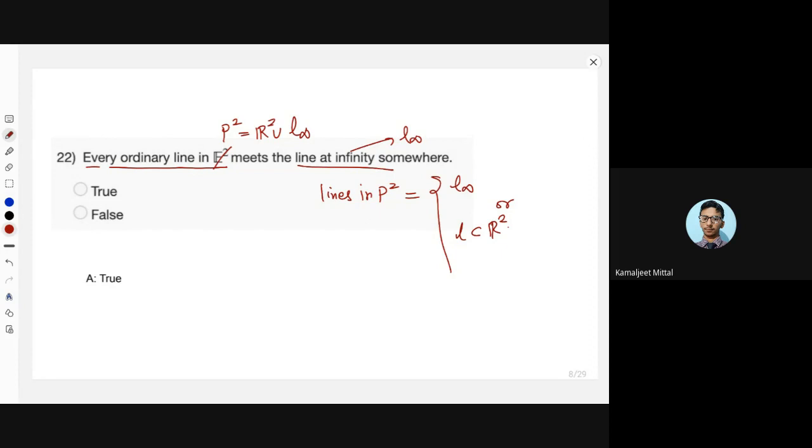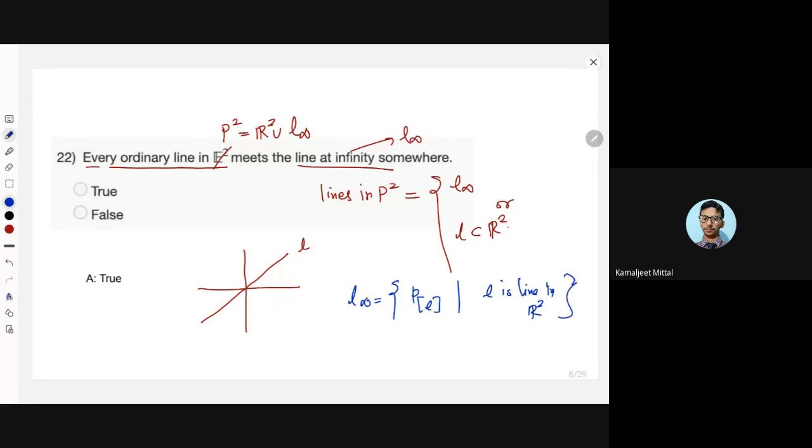Now if I take any line which is in R2, it will intersect the line at infinity, L infinity, at the end points of this line L, because that's how we define L infinity. How do we define L infinity? L infinity is nothing but the point determined by the class of L, where L is a line in R2.